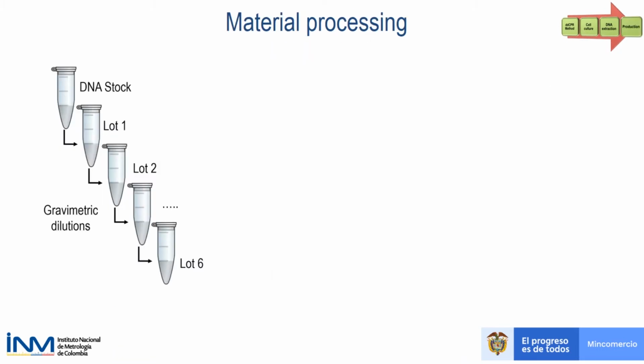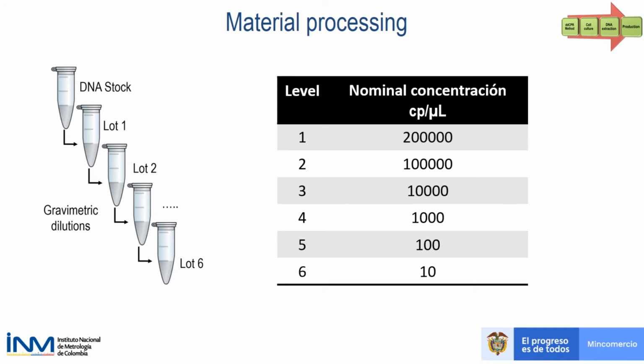After that, the digital PCR method was validated, and the cell culture and DNA extraction methods were optimized. The production of the candidate reference material began. With the DNA stock solution, 6 gravimetric dilution levels were prepared in the range of 10 copies per microliter to 200 and 1,000 copies per microliter, which were packed and labeled in 1.2 milliliter polypropylene tubes.